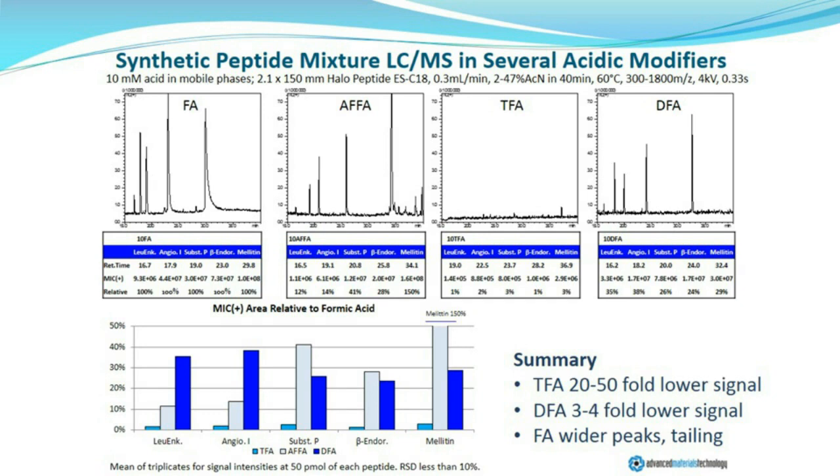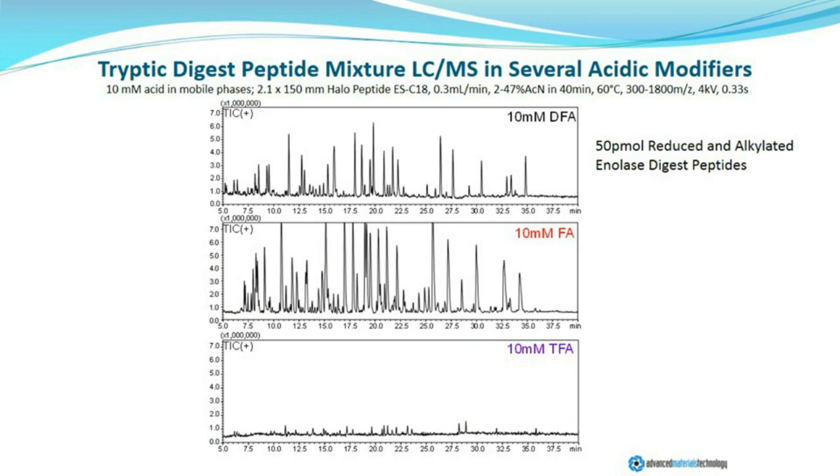Difluoroacetic acid moderately suppresses the ionization, that is the mass spectral signal intensity, by a factor of about 3 to 4-fold, whereas formic acid remains having the chromatographic challenge of broader peaks and somewhat tailing. We've seen this broadly with peptide mixtures, synthetic peptides, as well as tryptic digest peptides.